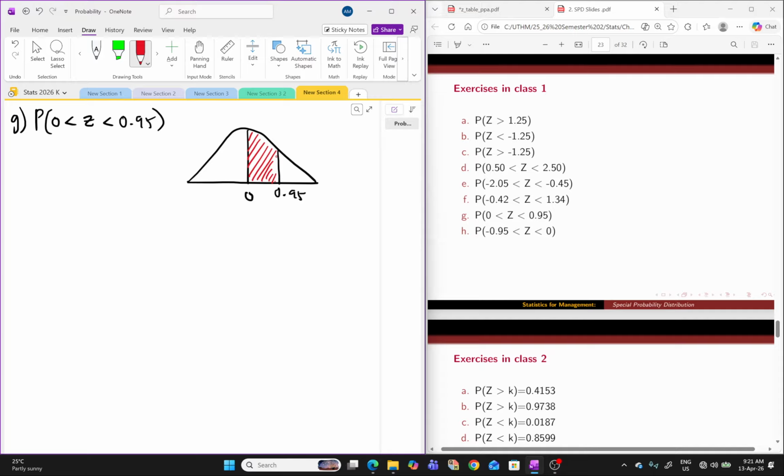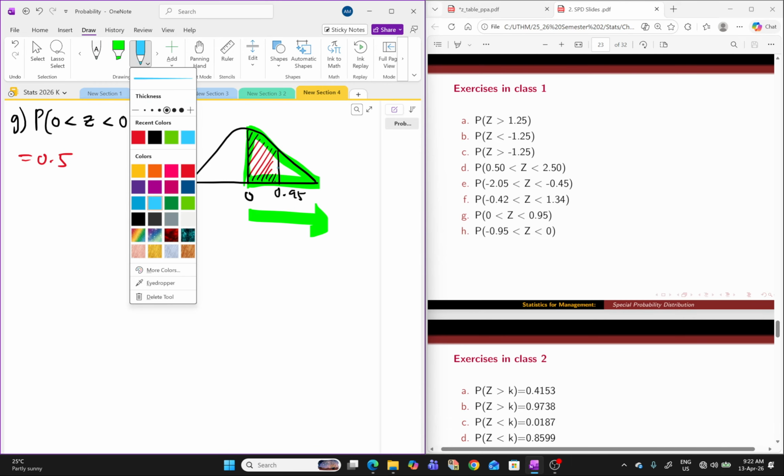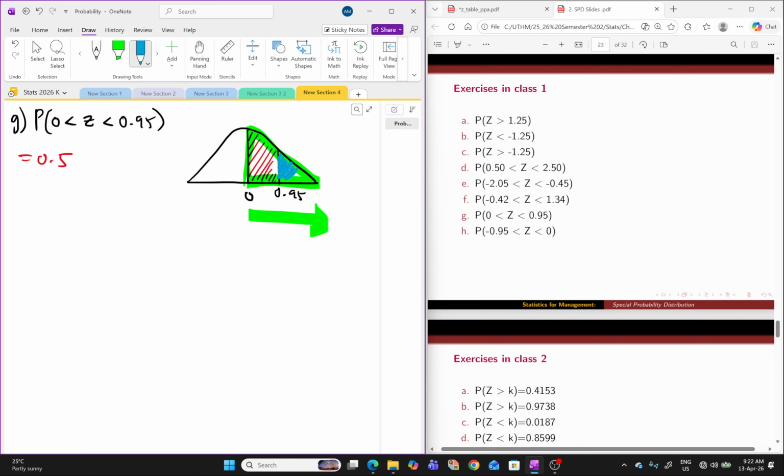So for you to find the shaded part here, what you need to do is find this whole thing, the green color. But we know what the value is, right? Half is how much? Very good, 0.5 minus the part on this side, 0.95.